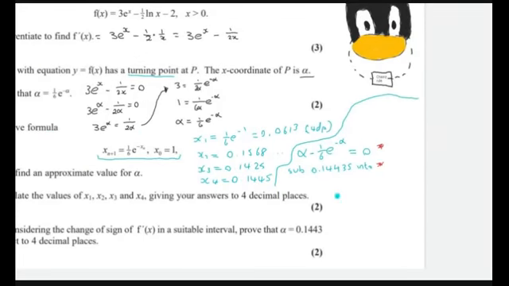So when you substitute that in, you get 0.14435 minus a sixth of e to the minus 0.14435.